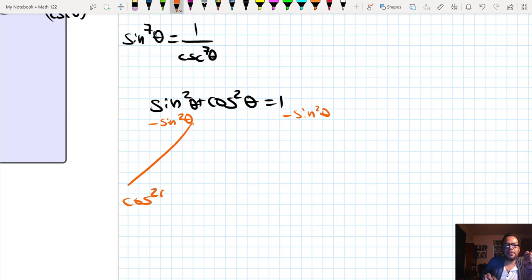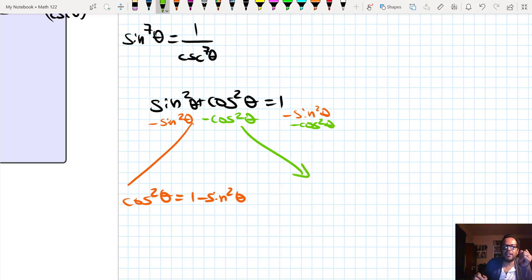Cosine squared theta equals 1 minus sine squared theta. On the other hand, I'm going to subtract cosine squared to obtain a new identity. That'll be sine squared, okay, equals 1 minus cosine squared theta.